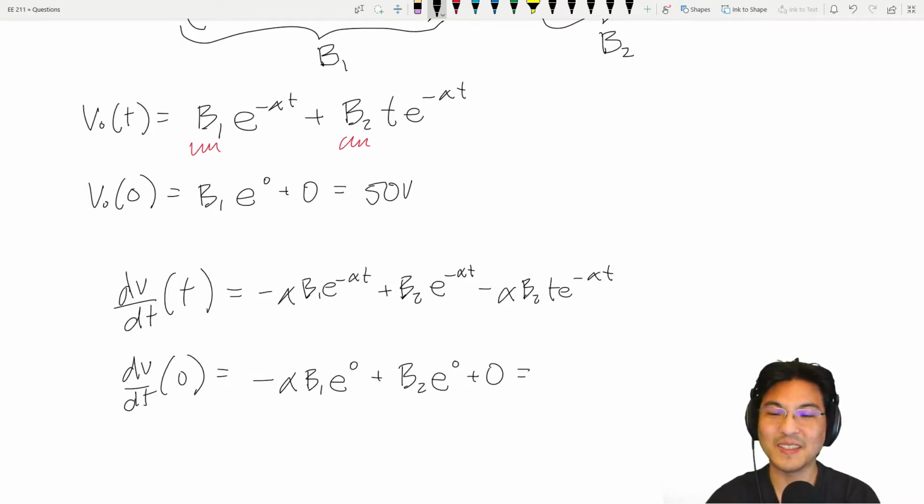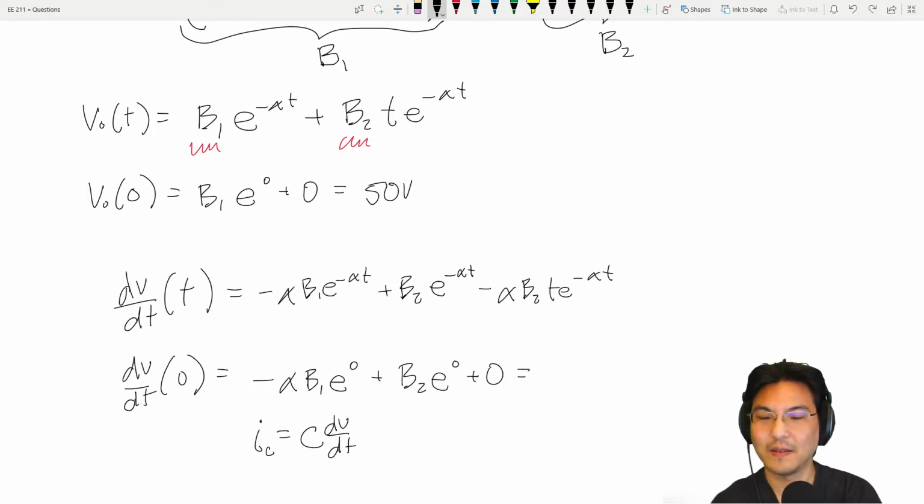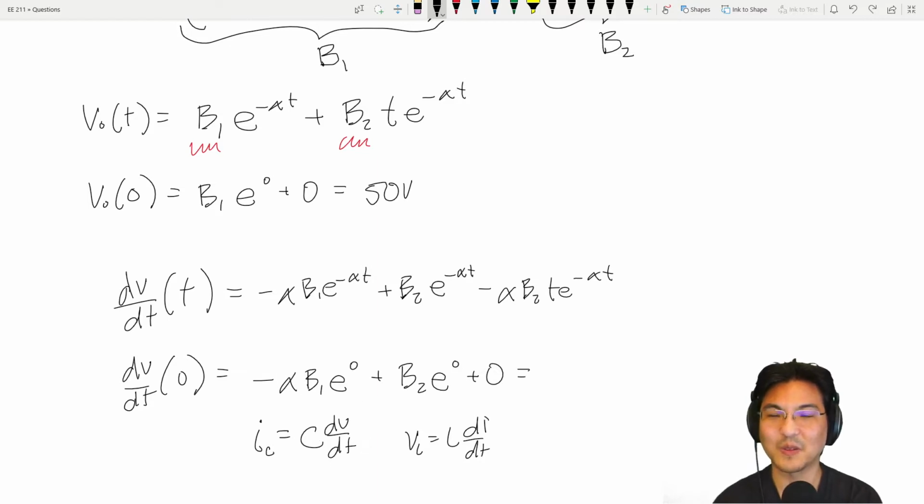And then dv dt, remember, for a capacitor, it's C dv dt. For an inductor, L di dt. We wanted dv dt, which just shows up here. So we're trying to look at the capacitor. So just move this to this side of the equation for the capacitor.